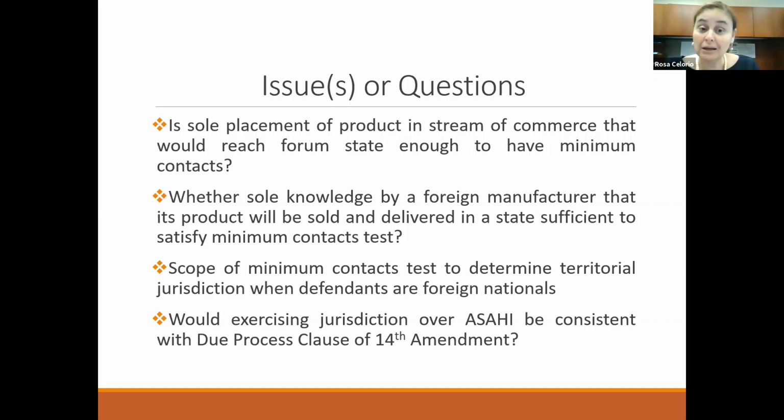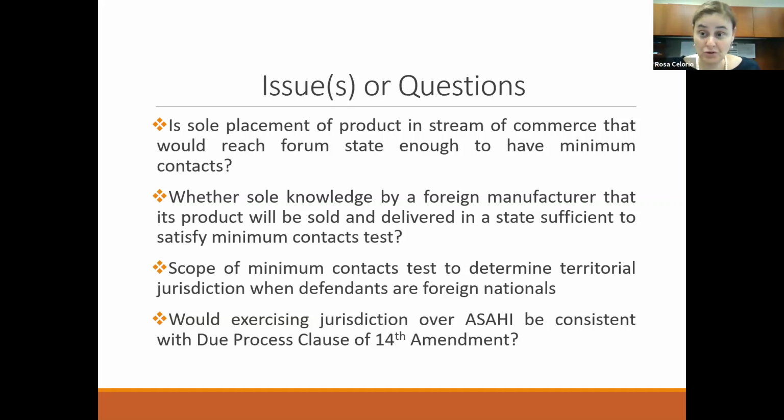So does that mean that they had enough notice, or that they really had this intent to really reach the foreign state enough to have minimum contacts? And the minimum contacts test is a major legal issue in this case. At the end of the day, a lot of the discussion is whether Asahi really had minimum contacts with California, which means that jurisdiction could be exercised over Asahi.